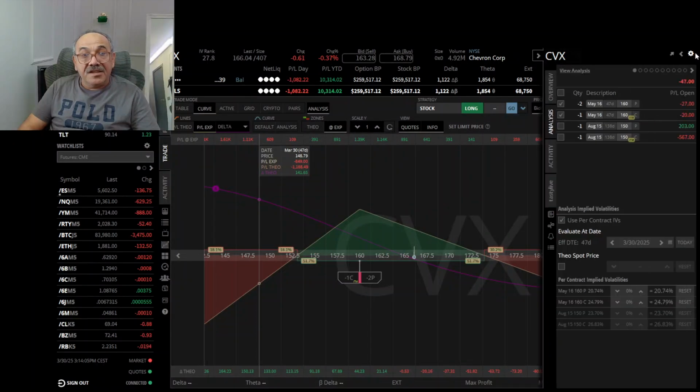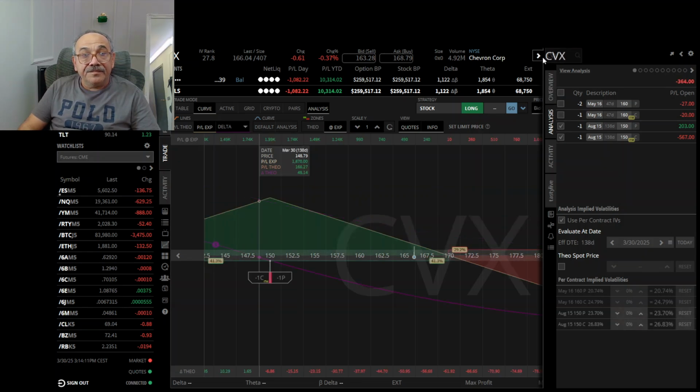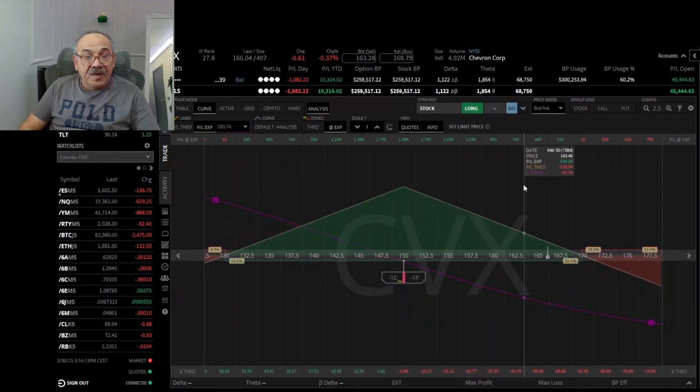But another one is a little bit in trouble longer term. You can see it's just a regular straddle at 150 strike, and we're approaching the top of the structure, and we actually have more loss from this structure than from the other.